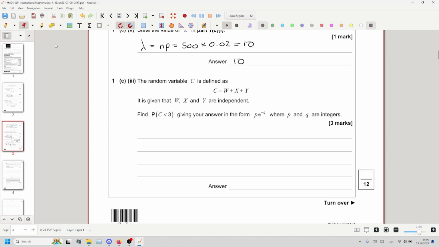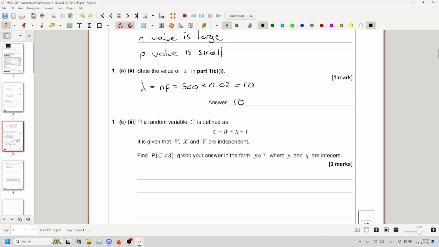Right now, let us solve this question. So here we have our value of C defined as the sum of the three variables that we've worked with so far, and it is said that they are independent. So here C is also going to be modeled by a Poisson distribution, since all three of these variables are independent and Poisson distributed.